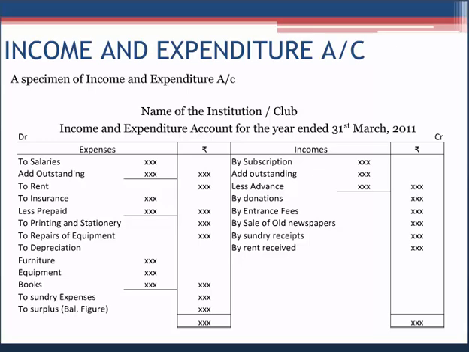On the expenses side: salary outstanding, rent, insurance prepaid, printing, repairs, depreciation, sundry expenses and surplus, that is a balancing figure. Income: subscription outstanding, add advance, less advance, donation, entrance fee, sale of old newspaper, sundry receipts, rent, and the total. And we can see we have a surplus.